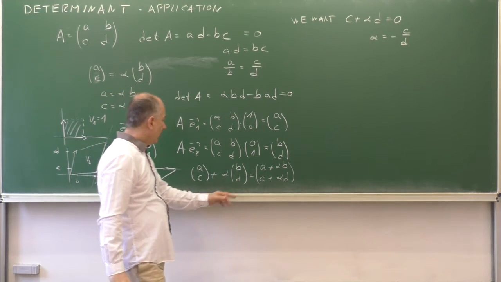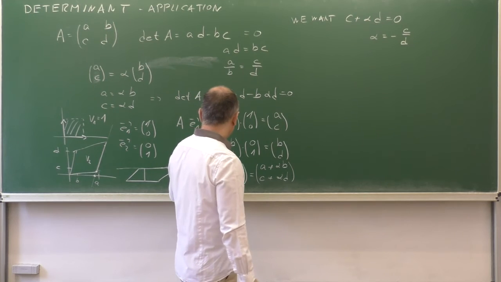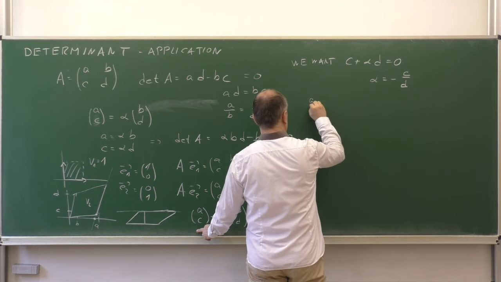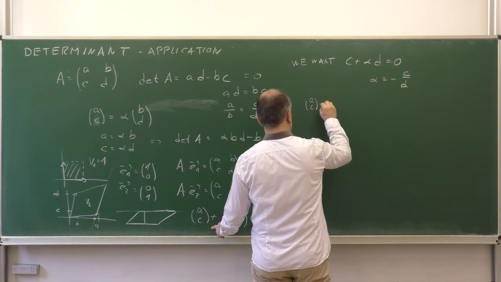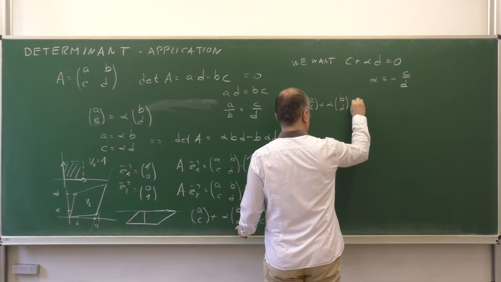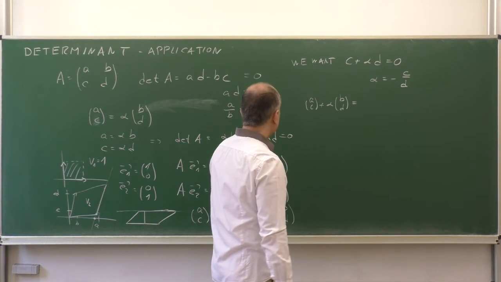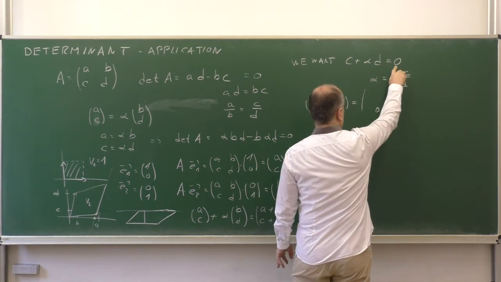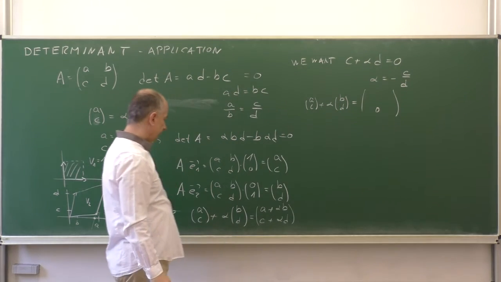And then this vector will be A, C plus alpha B, D. So the second component is 0. That was our condition.